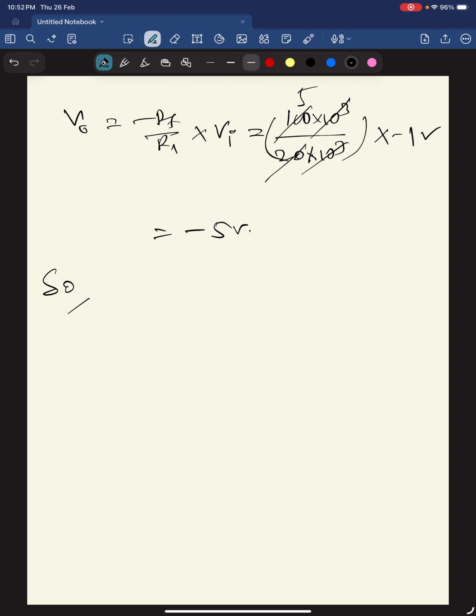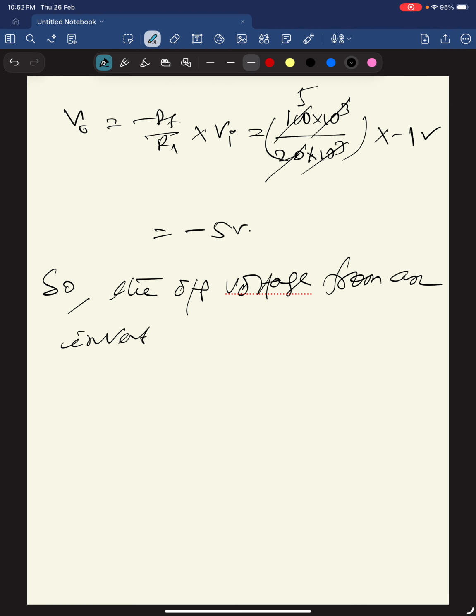So the output voltage from an inverting amplifier is minus 5 volt.